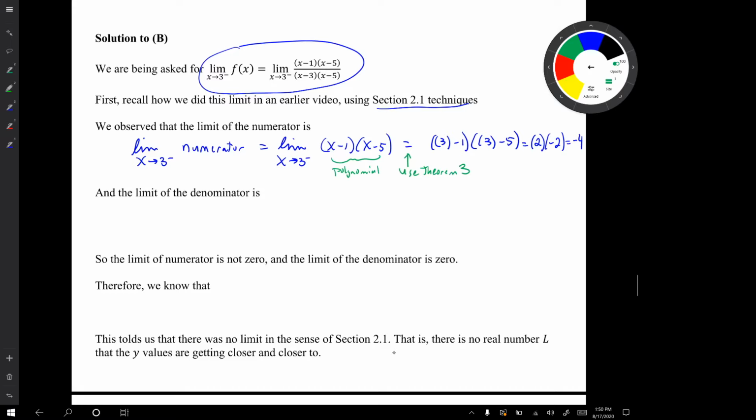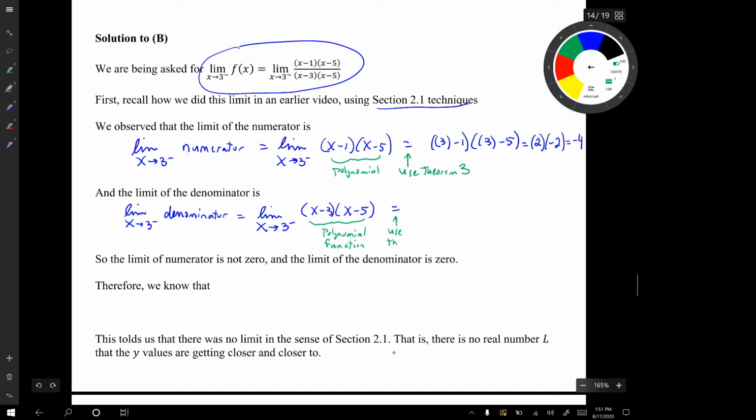Now the limit of the denominator is found the same way. So the limit of the numerator is -4, which is not 0, and the limit of the denominator is 0. And so therefore we know that the limit does not exist.